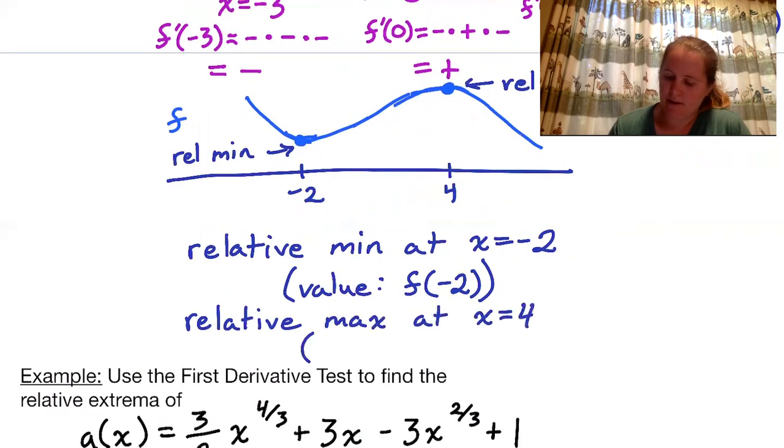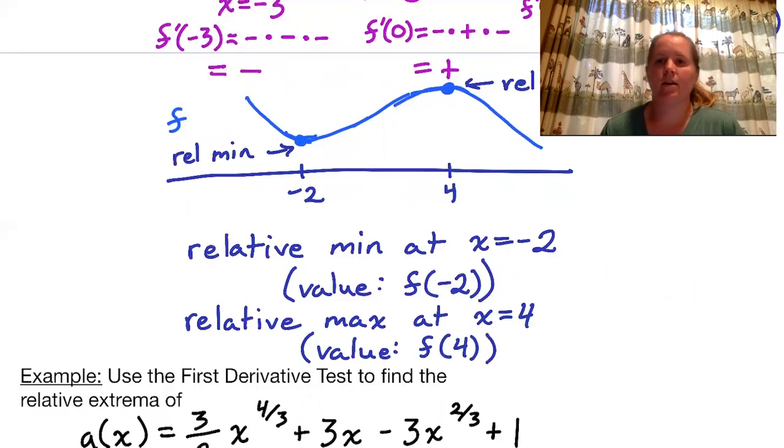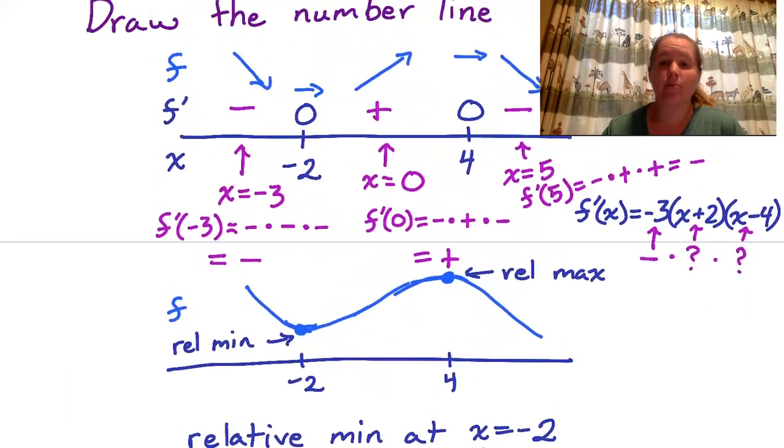And again, the value would be whatever f of 4 is. All right. So when I use the first derivative test, I'm not really thinking of it as a test and thinking of the rules. I'm just looking at kind of what my number line picture shows me.